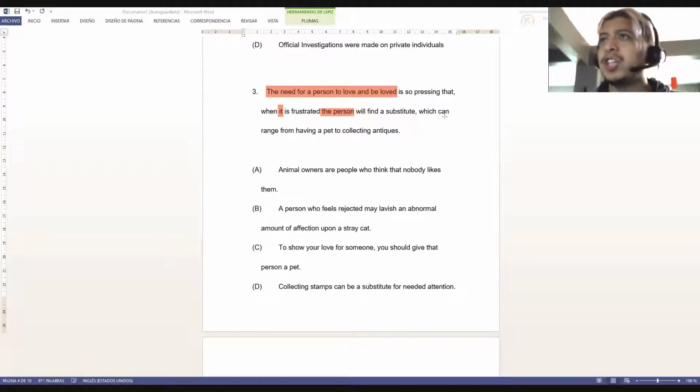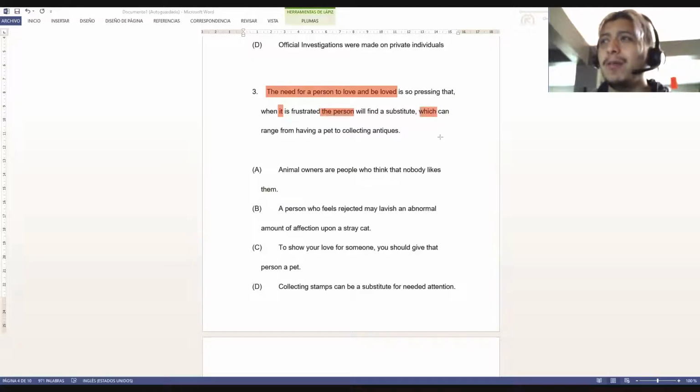Then we have which can range, which will be another subject. It's a relative pronoun. If you don't remember this, again, you can go back to the relative clauses and the relative pronouns videos. These are like 45, 47, something around there. So you can check them. They can range from having a pet to collecting antiques.